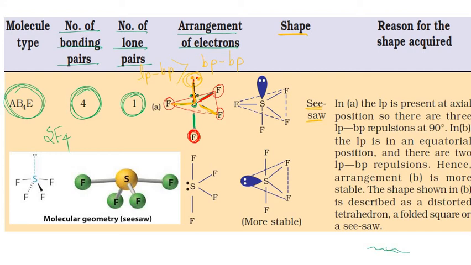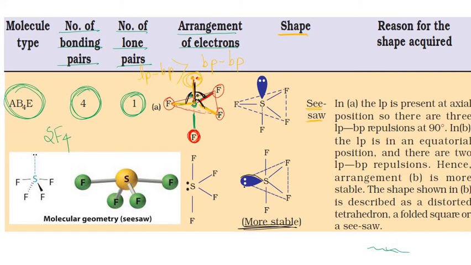As I've told you here, there is interaction. So this lone pair is interacting with this bond, similarly here also and similarly here also. It means that the lone pair has to be present in a position other than axial, so that there is less repulsion, okay? So you can see here this is more stable. Now the lone pair is present in equatorial. Earlier it was present in axial.